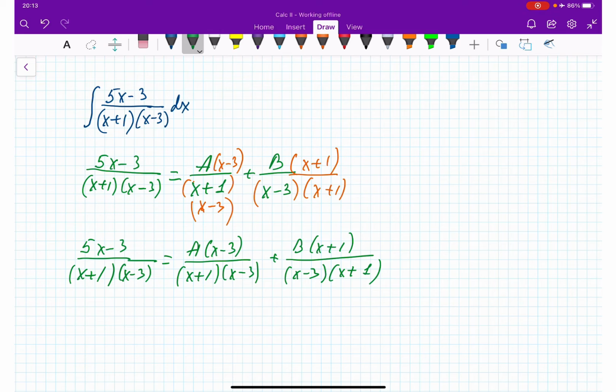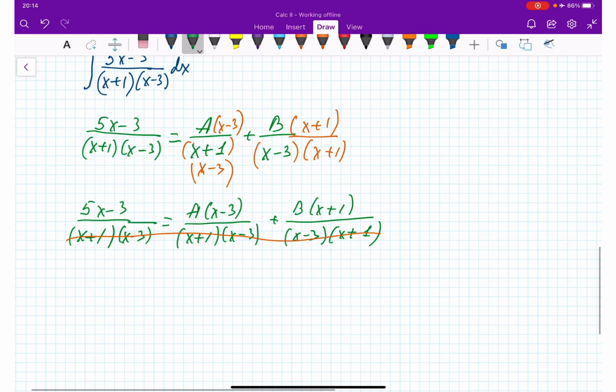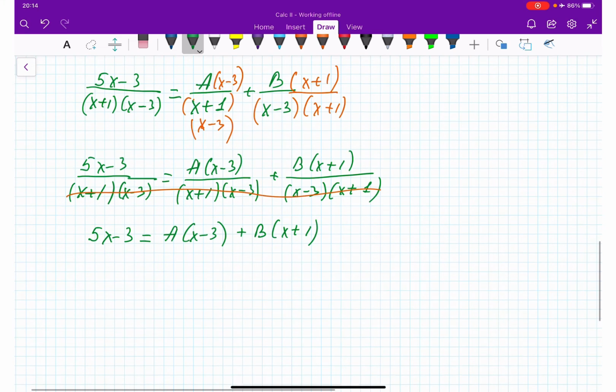Look what we have: the common denominator across the equation. So at this point, I can drop this common denominator, and I will have 5x minus 3 is equal to a times x minus 3 plus b times x plus 1. Yes?